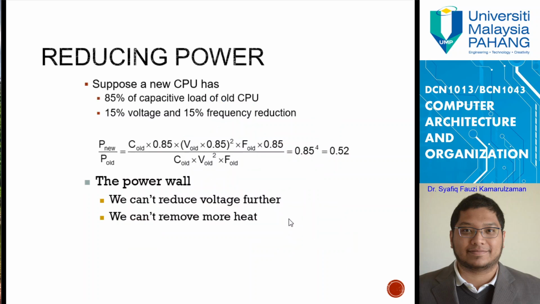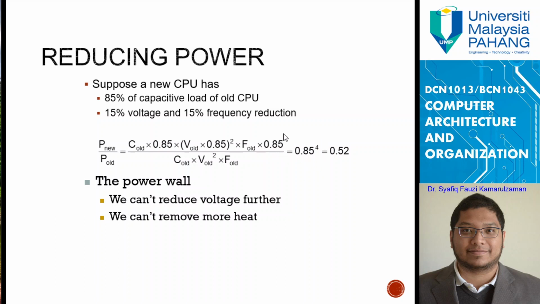In case we want to reduce power, suppose a new CPU has 85% of the capacitive load of the old CPU, with a 15% voltage reduction and a 15% frequency reduction. So this is the power of new versus power of old. You have capacitive load 0.85, voltage 0.85, and frequency 0.85.